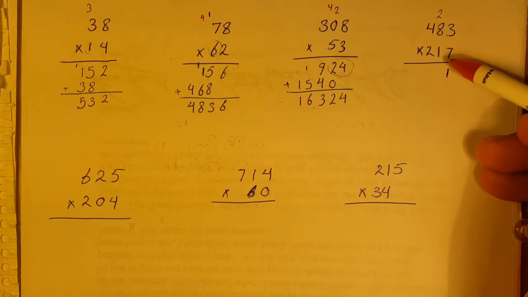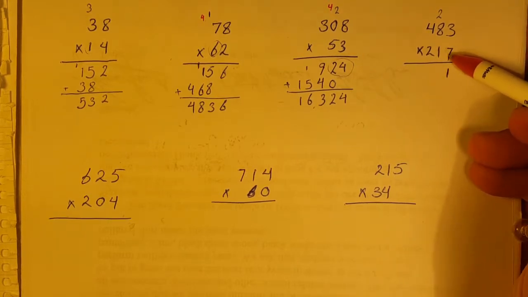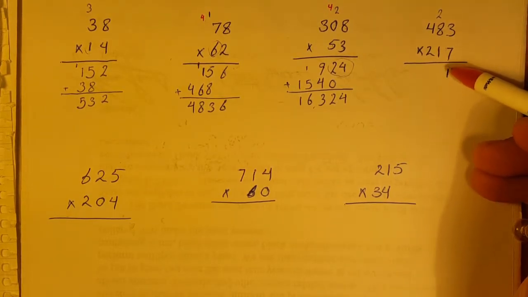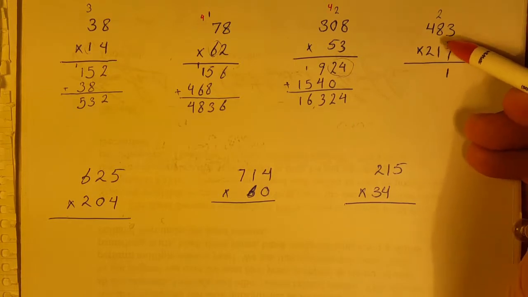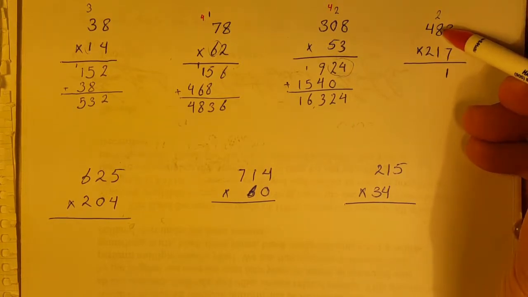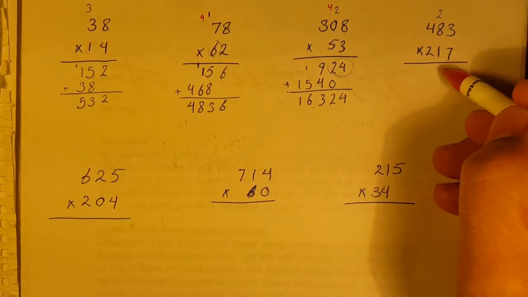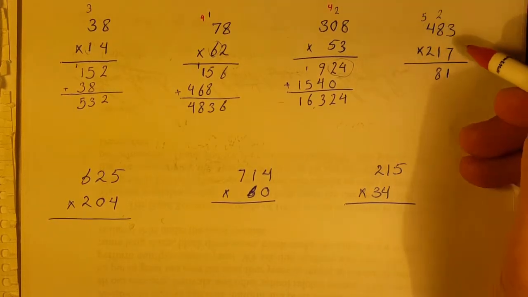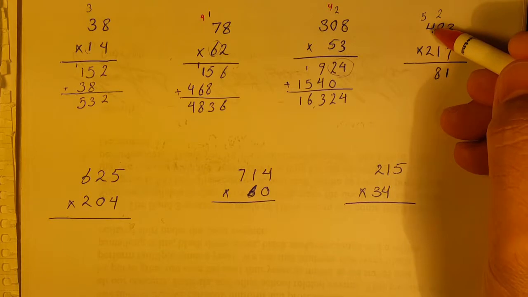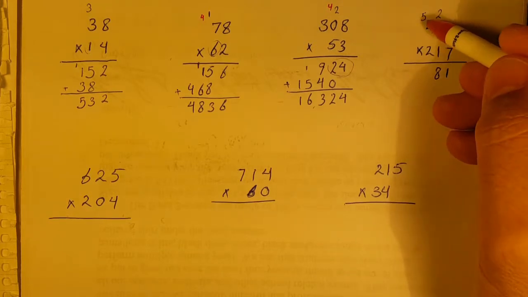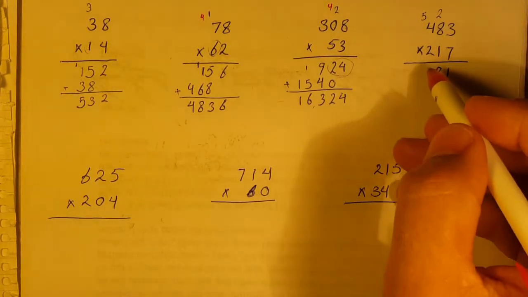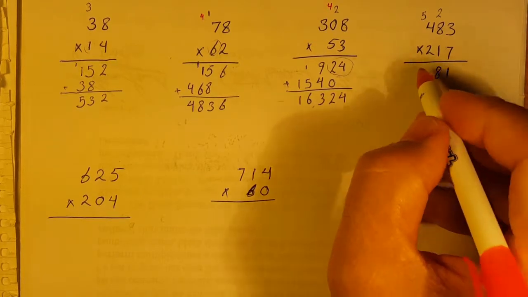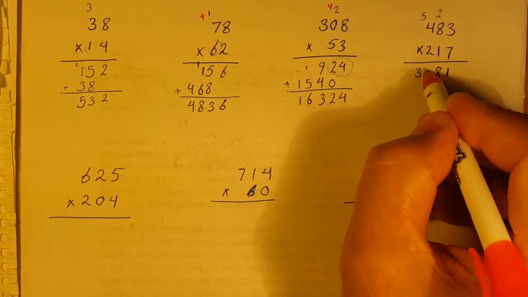Okay, 3-digit number times a 3-digit number. 7 times 3, 21. 1 here, 2 goes up. 7 times 8, 56. And 2, 58. 8 here. 5 goes up. 7 times 4, 28. 28 and 5, 33.